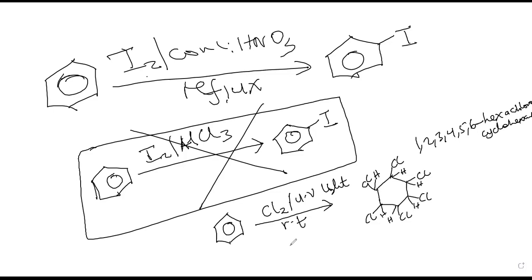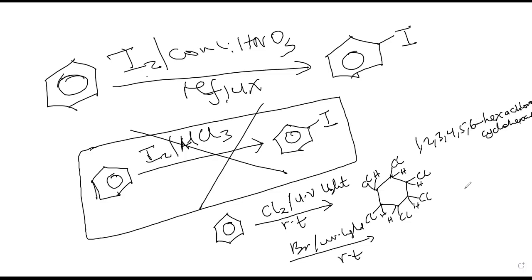Hexachlorocyclohexane. Even if we use bromine in presence of UV light at room temperature, you'll form 1, 2, 3, 4, 5, 6 hexabromocyclohexane.